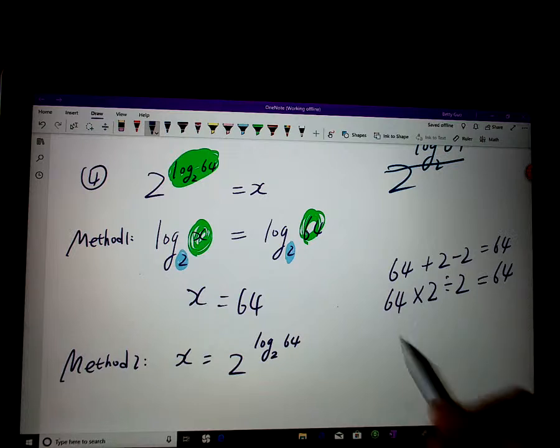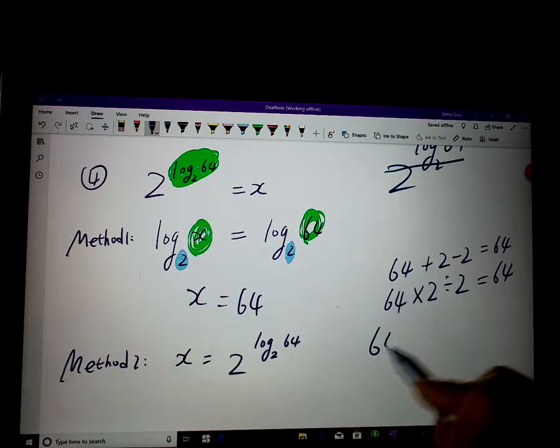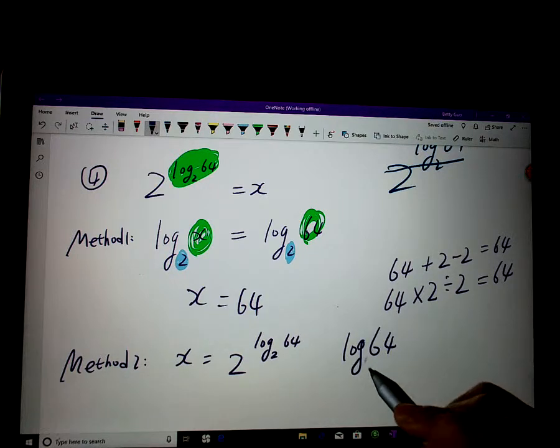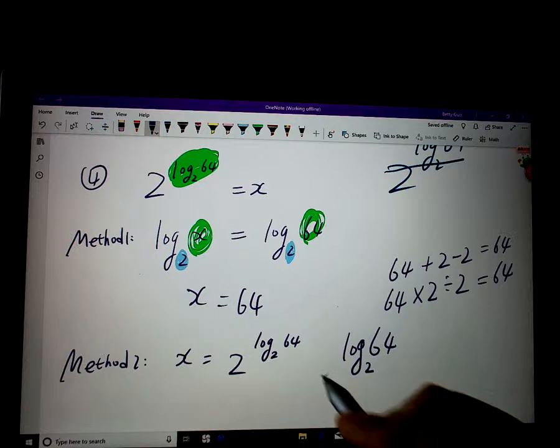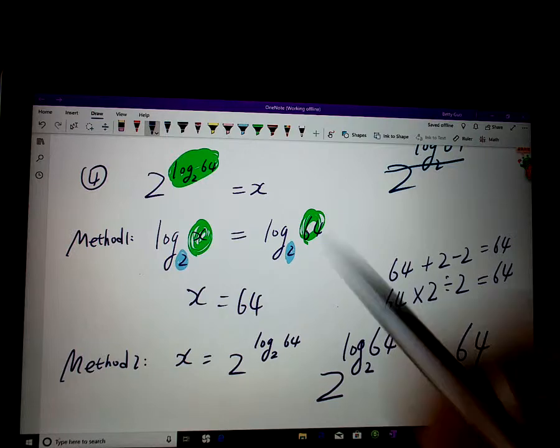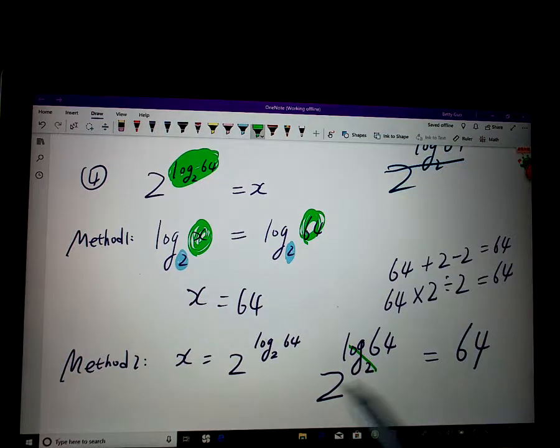Same idea, if you have 64 in the beginning, you apply the logarithmic function with base 2, and then apply the exponential function with base 2. You would go back to 64, because the two functions reverse each other.